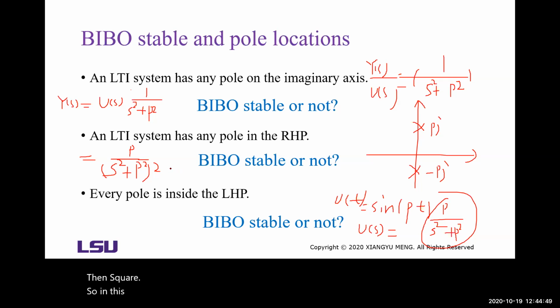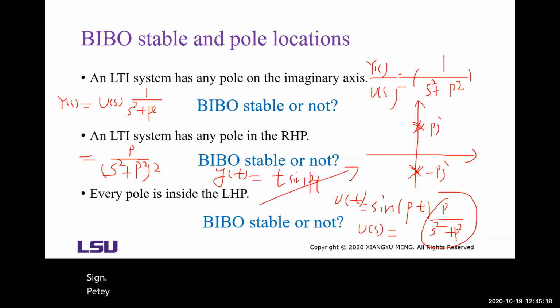Since we have repeated poles, the time response needs to be multiplied by t. So y(t) will have some form like t sine pt.